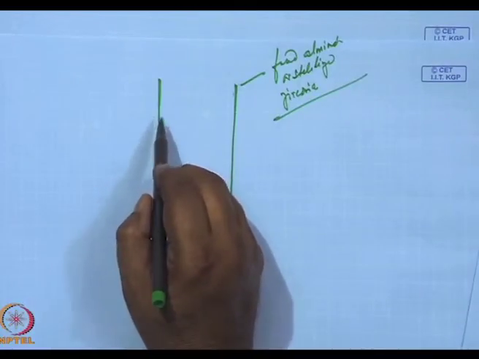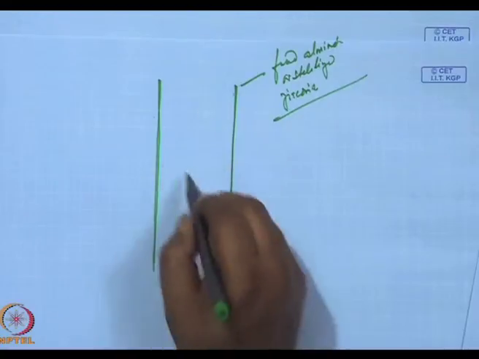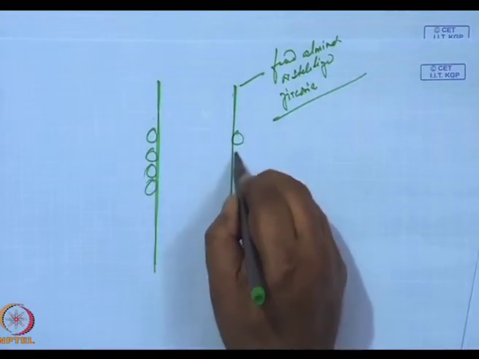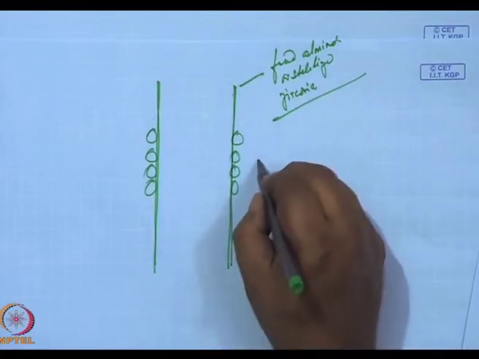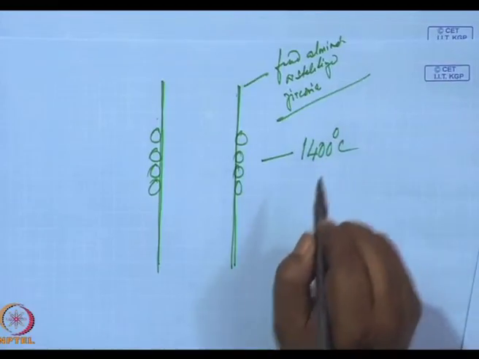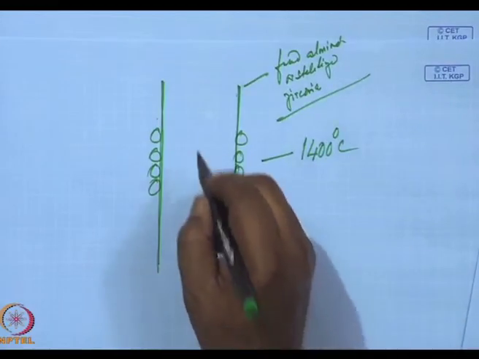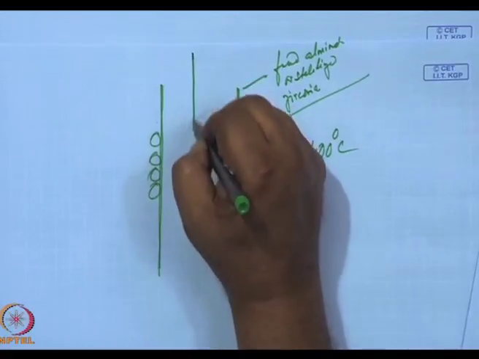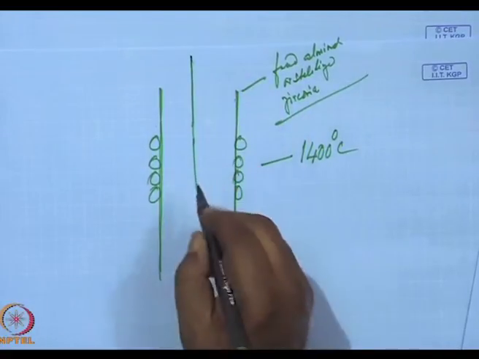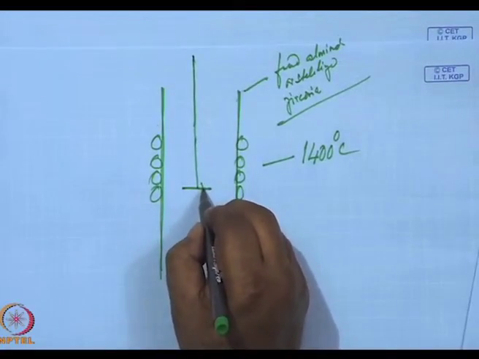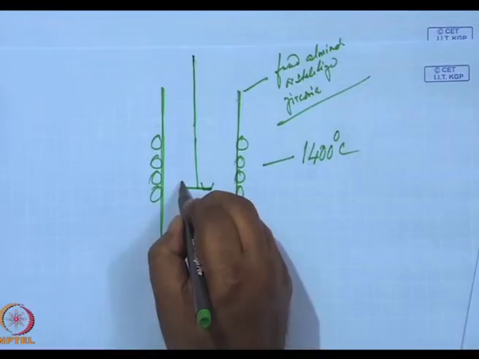This tube has furnace heating coils around it so that it can be heated to around 1400 degrees centigrade. There is a support wire hanging in, which is platinum, which has 2 crucibles at 2 ends.